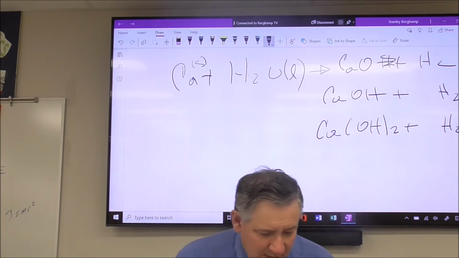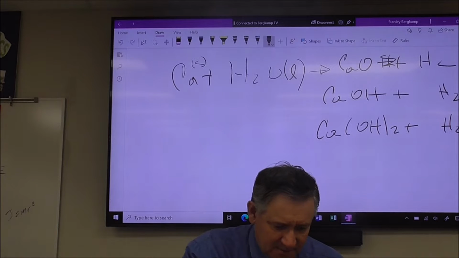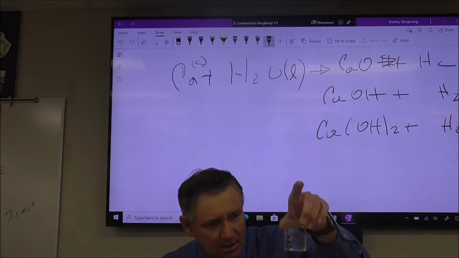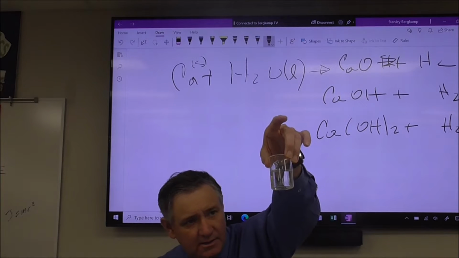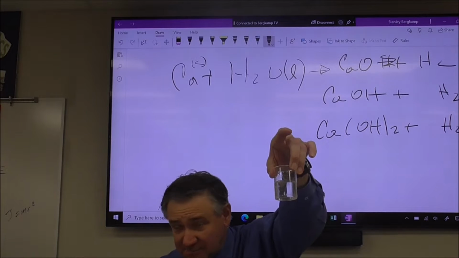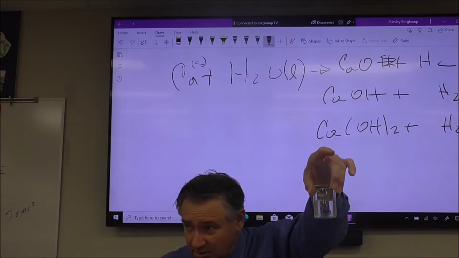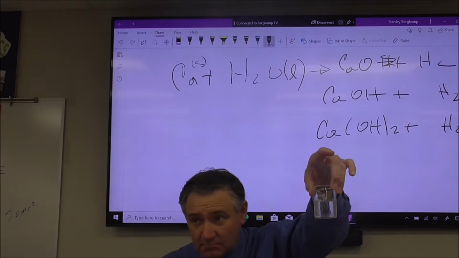Okay, so I'm going to take this piece of calcium and dump that in there. First off, you'll notice that it sank. So what do you know about the density of calcium relative to the density of water? More dense.